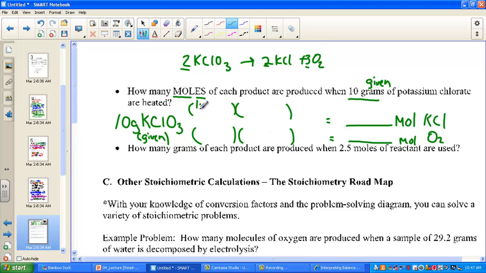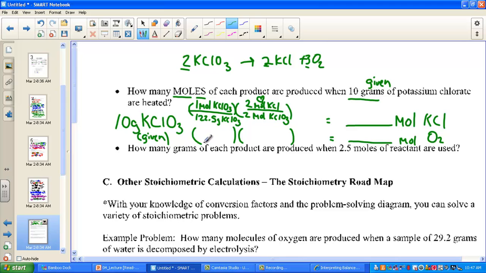So again, the same first step for both problems because we're given the same amount. 1 mole over 122.5 grams, the molar mass of potassium chlorate. But let's suppose in the heart of our problem we want KCl. Its coefficient is a 2 from the reactant who also has a coefficient of 2.